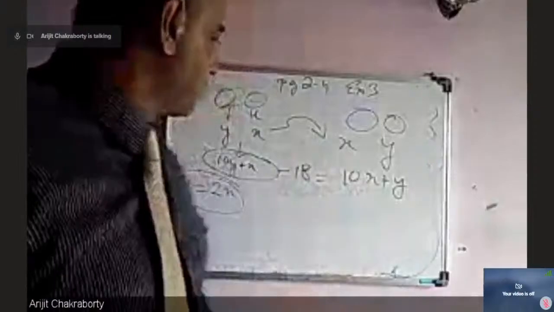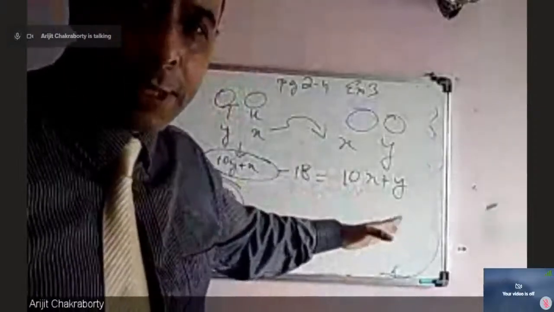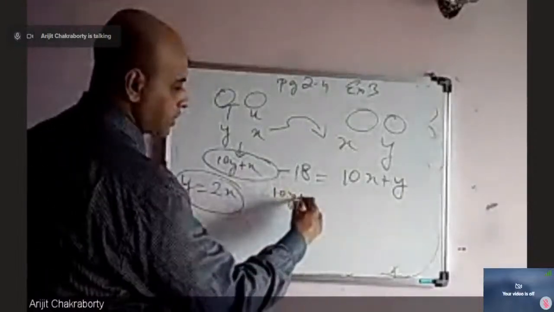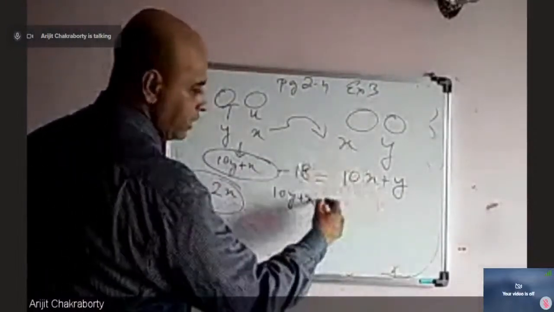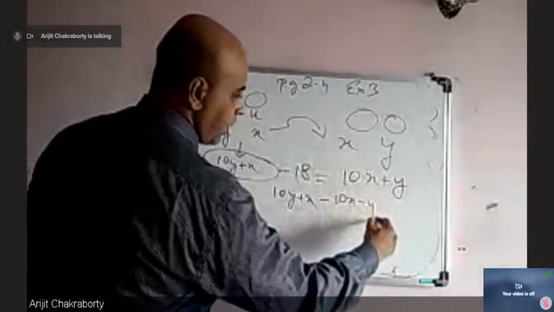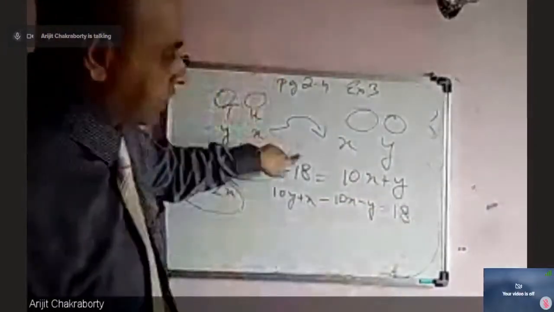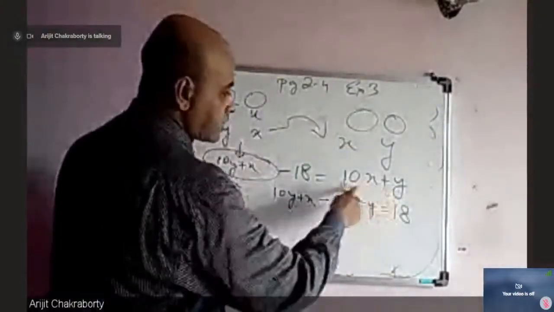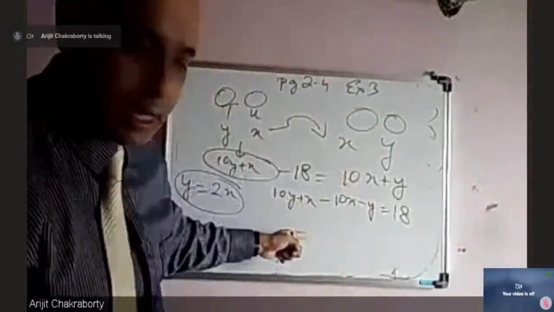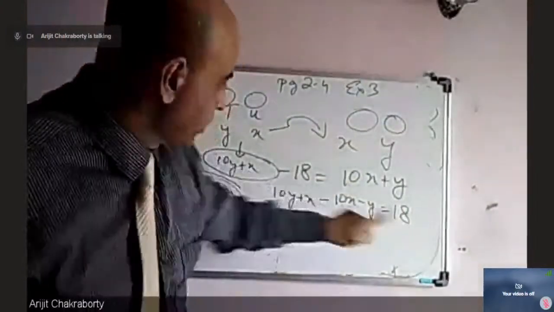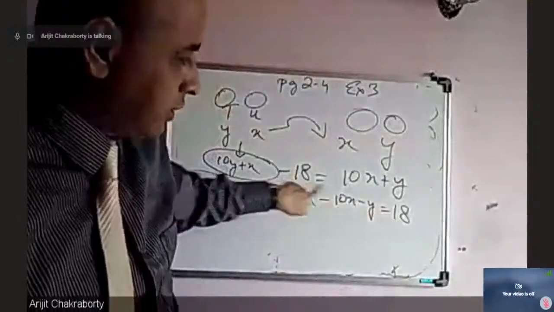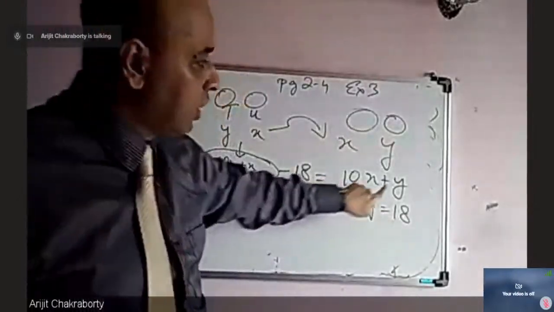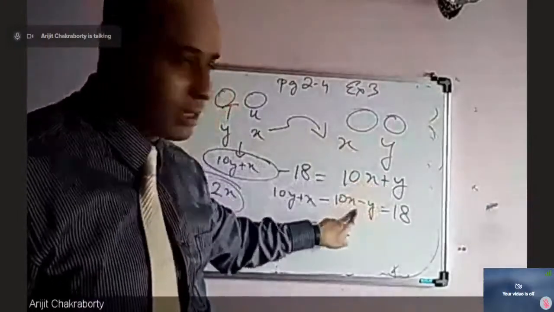Let us simplify. So you have 10y plus x minus 10x minus y equal to 18. So I transpose 18 to the right hand side, and bring 10x plus y to the left hand side, so there is a sign change. 18 had a negative sign, now it becomes positive. 10x had a positive sign, it becomes negative. y had a positive sign, it becomes negative.